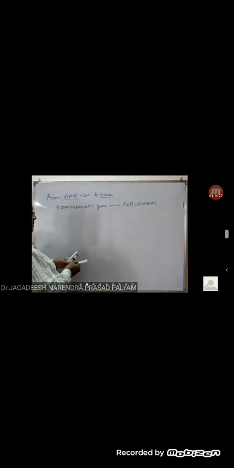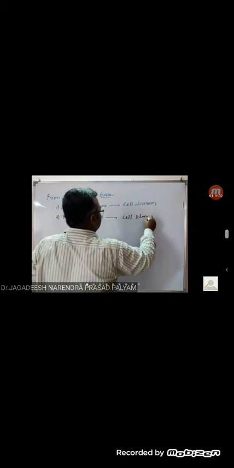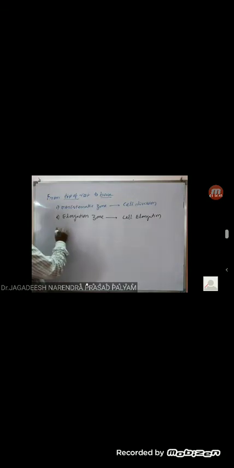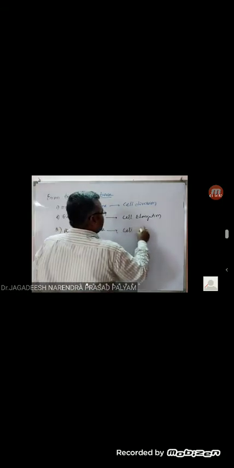Number two, elongation zone. Cell elongation occurs. Number three, maturation zone. Cell differentiation takes place.